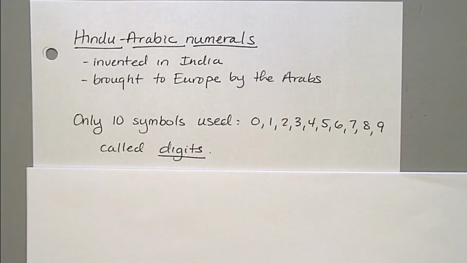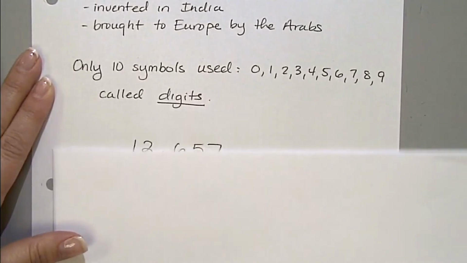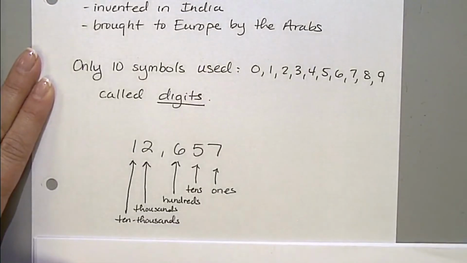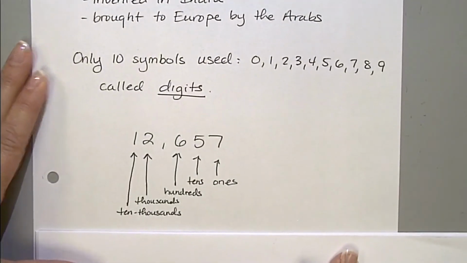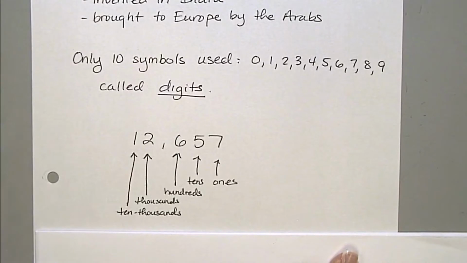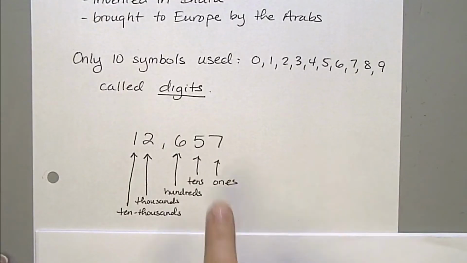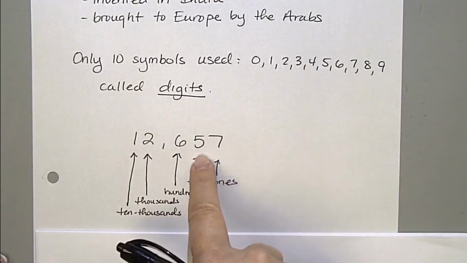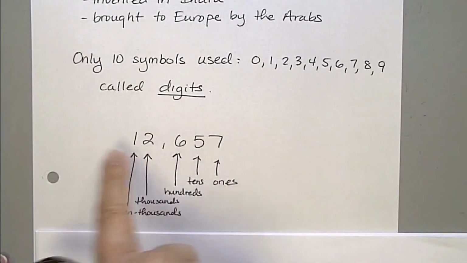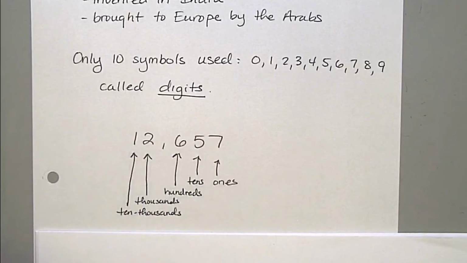How we group these digits together tells us what number we are representing. This is the part most of you are familiar with. If you see the number 12,657, represented by the numerals 1, 2, 6, 5, 7, then most of you know that this is your ones digit, your tens digit, your hundreds, your thousands, and your 10,000s.